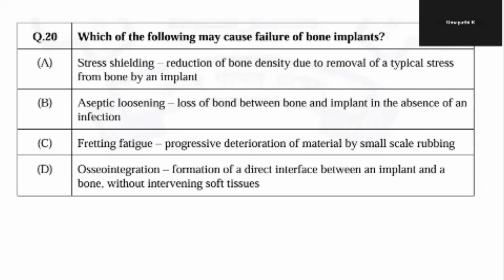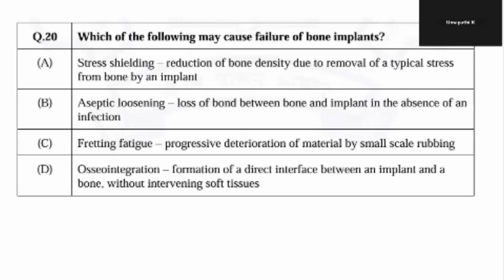Aseptic loosening, loss of bond between bone and implant in the absence of an infection. And third one, threading fatigue, progressive deterioration of material by small scale rubbing. The last one, passive integration, which is nothing but formation of a direct interface between an implant and bone without intervening soft tissues. These are the four choices to find the answer.